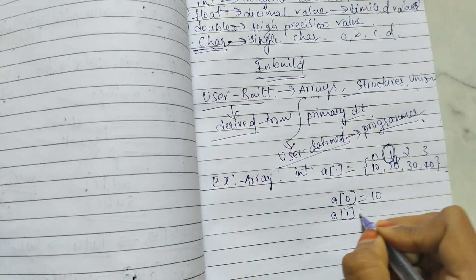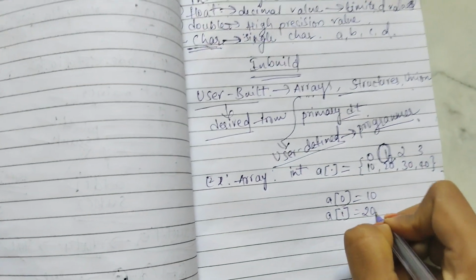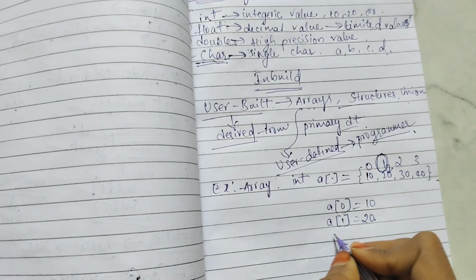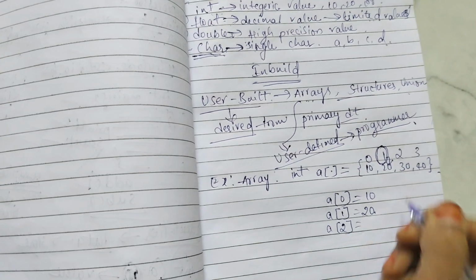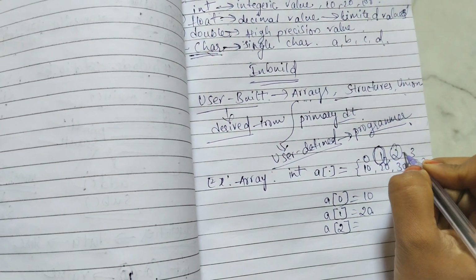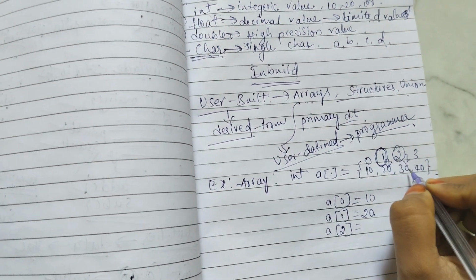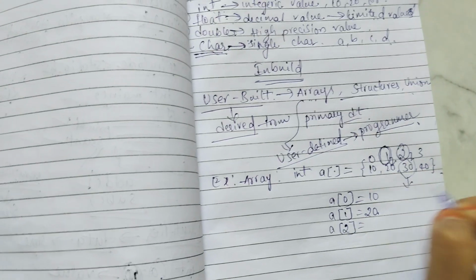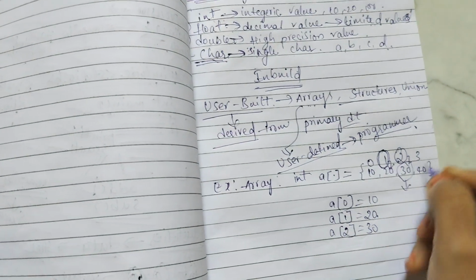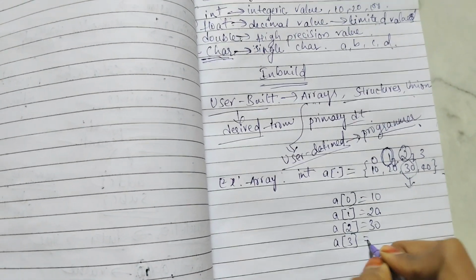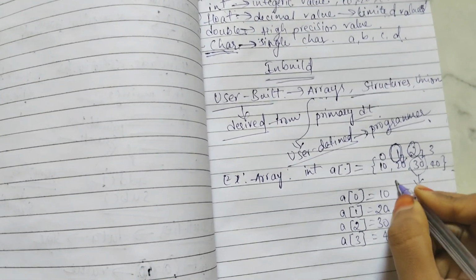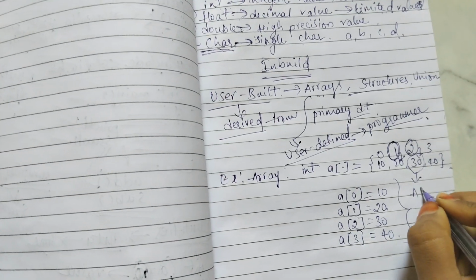For the second position, a of 2, that is 30. If I take a of 3, I can access the value 40. This is how array element access is done.